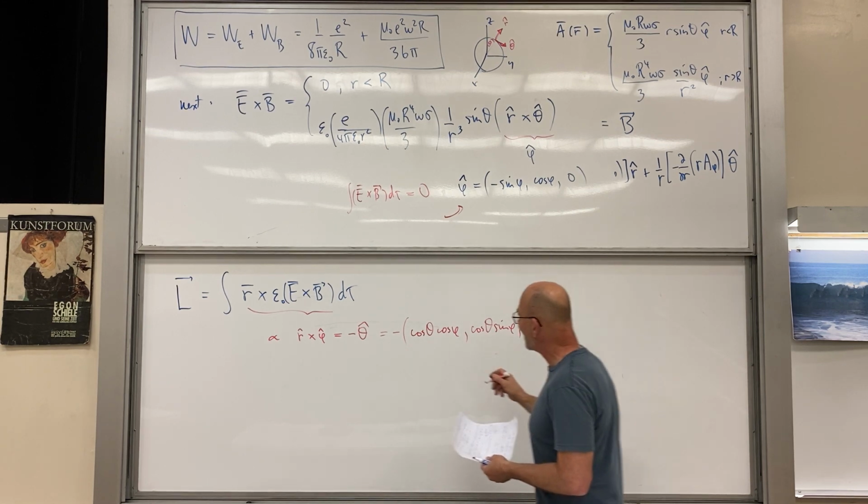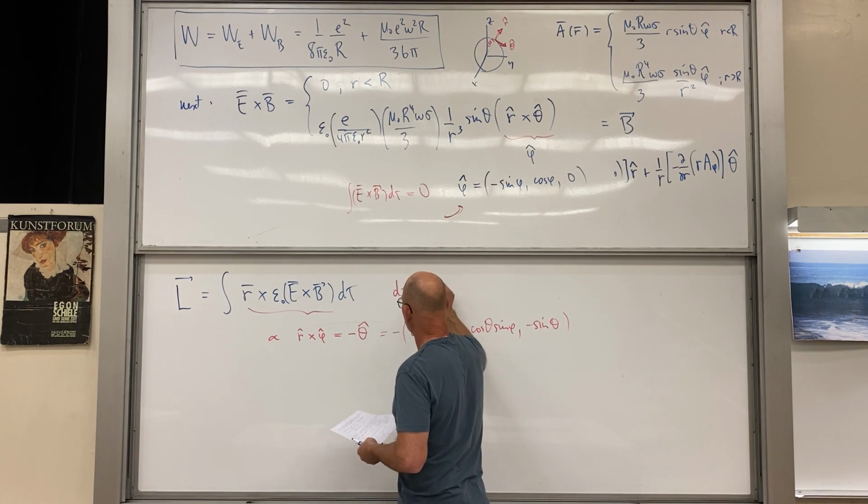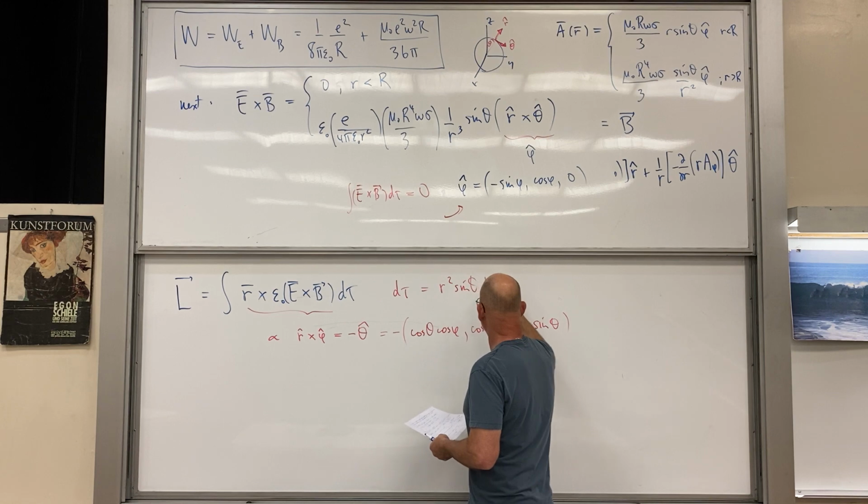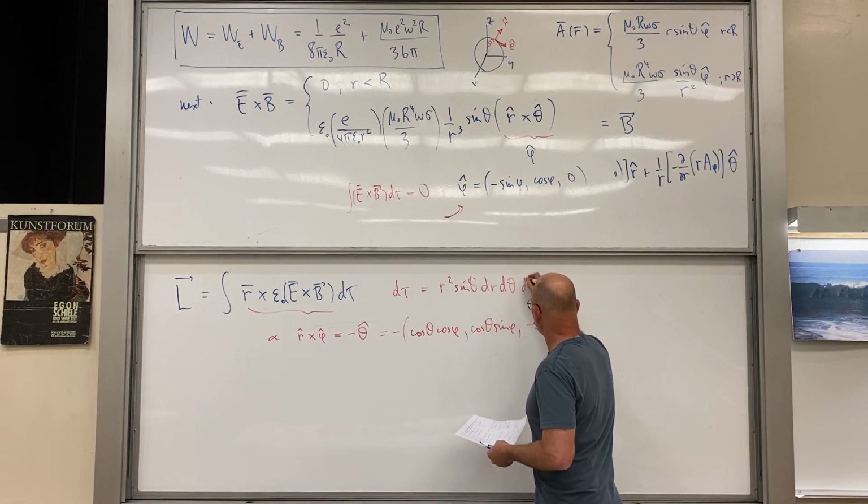And of course the d tau is going to be r squared sine theta dr d theta d phi.